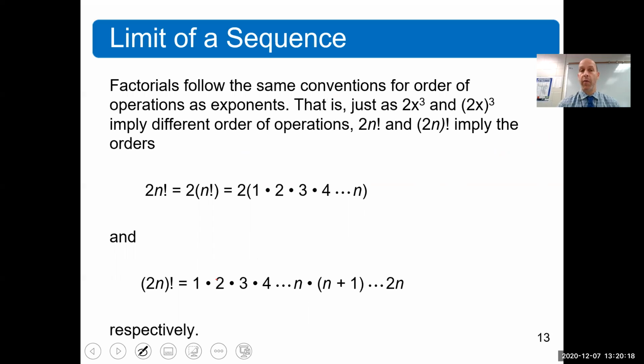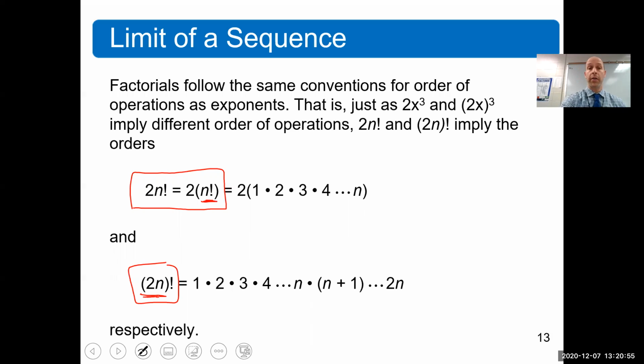Factorials follow the same convention of order of operations as exponents, so we just need to keep that in mind. Finding these two things right here is fine, but notice that is different than this down here. 2n factorial means you're basically doing the n factorial, but if I do the quantity 2n factorial, that's going to be a different product simply because we're dealing with order of operations.